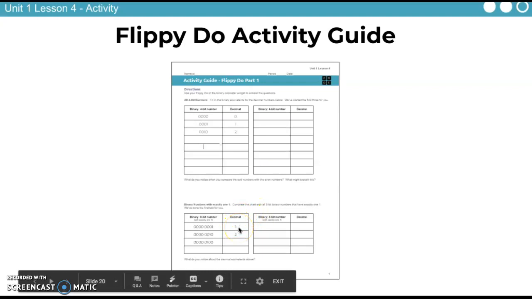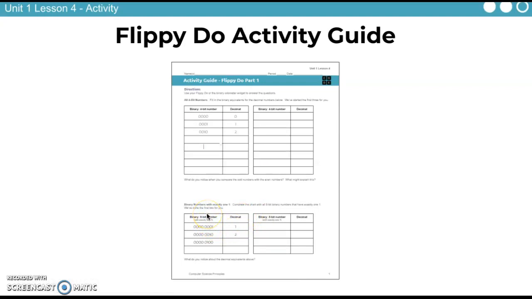Okay, and then down here, what you'll do is, this says complete the chart with 8-bit binary, and you'll notice there's a space. The space doesn't mean anything, it's just so that visually you can read it more easily. 8-bit binary numbers that are exactly 1.